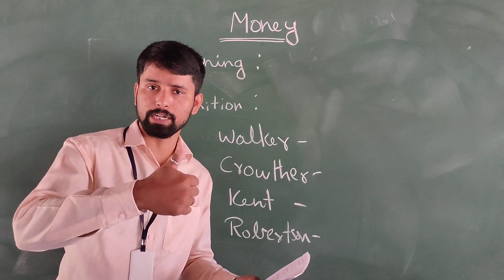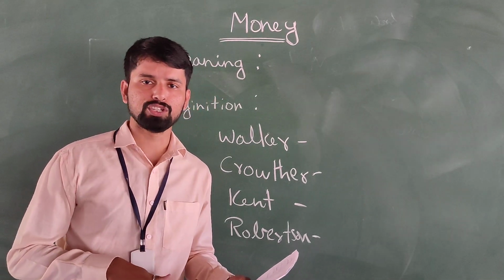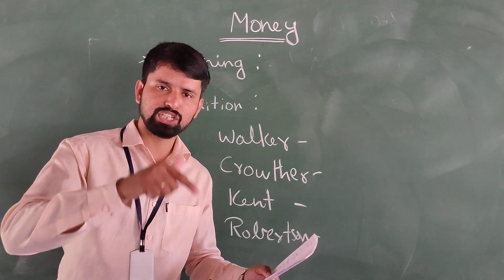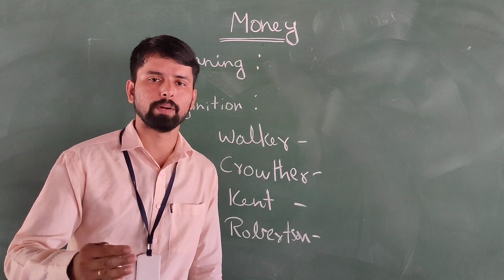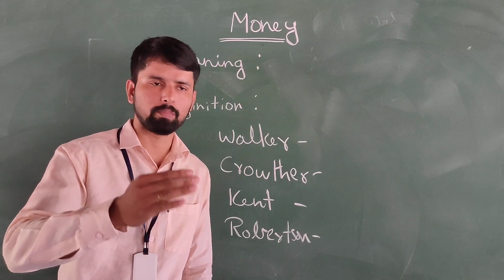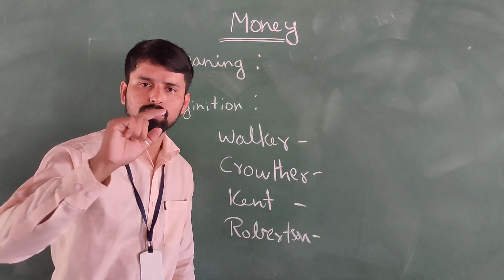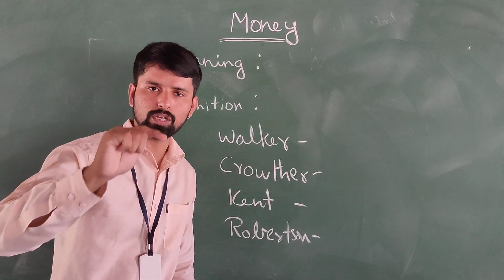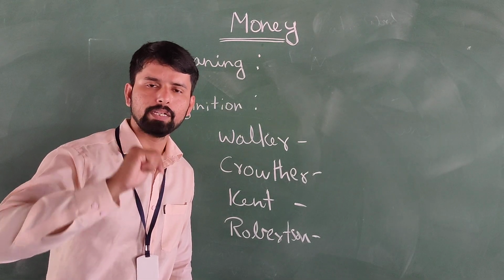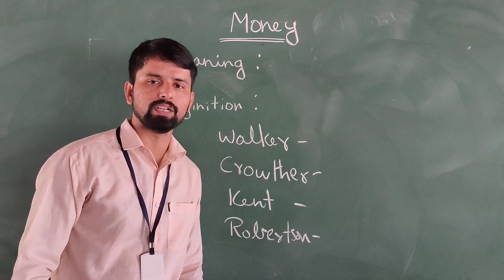In payment of goods, it means medium of exchange, and to discharge other business obligations of the people. Money is not only used to exchange goods and services, but also to meet other business obligations of the people.